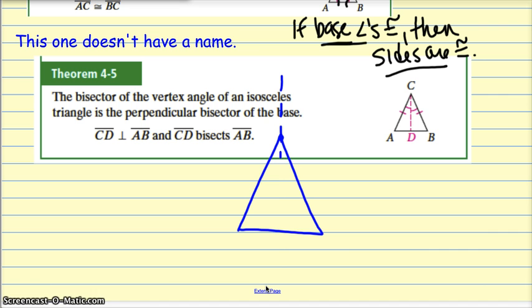So if you were to cut that vertex angle in half, this half and that half, so they're marked congruent, which they are in the original diagram. What that means then is the angle bisector also is creating a perpendicular bisector of the base. So we've constructed both perpendicular bisectors and angle bisectors.